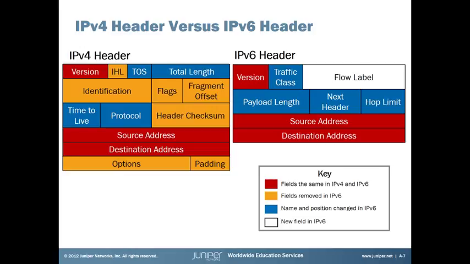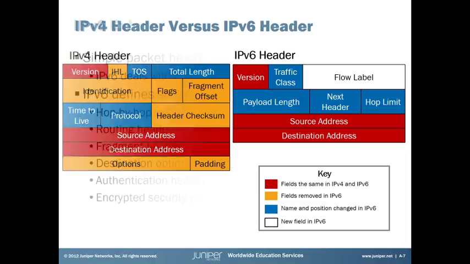So we've got time to live, it's called the hop limit there. We've actually got a protocol field there, which is replacing that, so that traffic class. There's a new one, there's a flow label, which is a new field in IPv6.